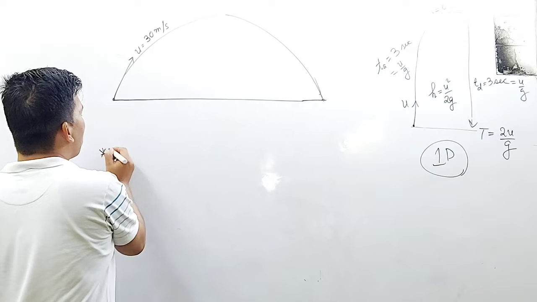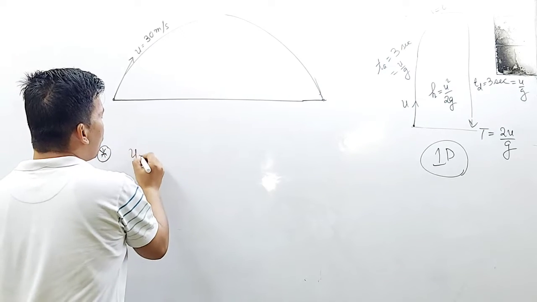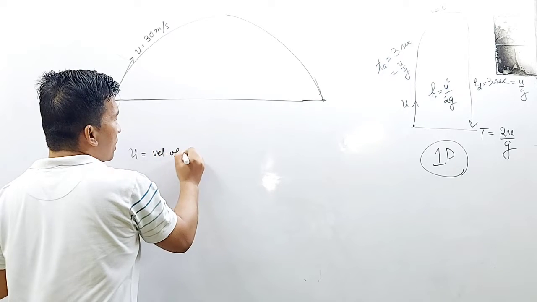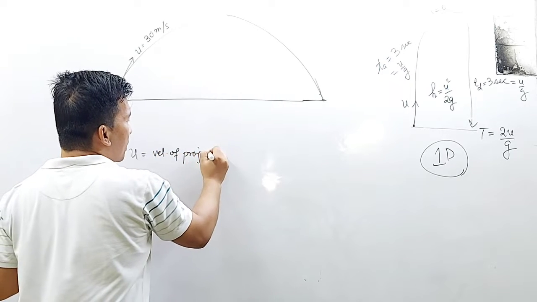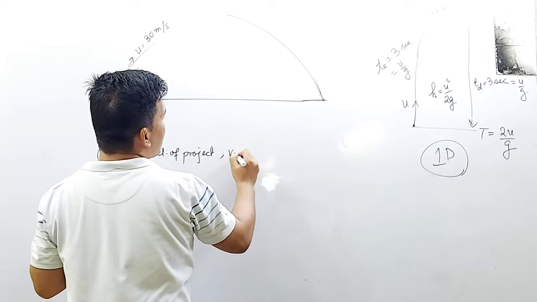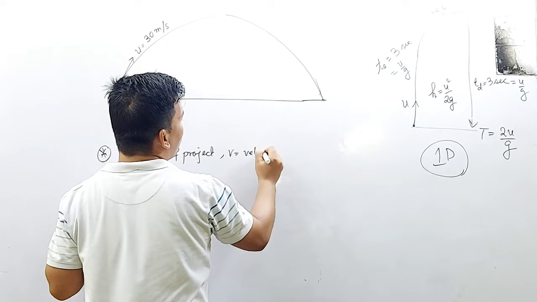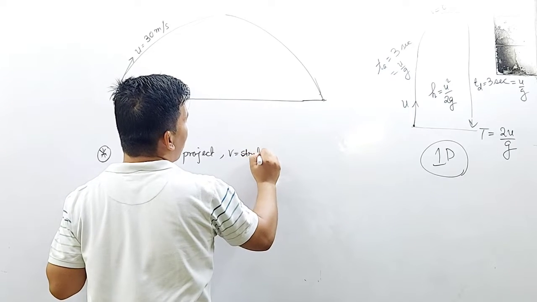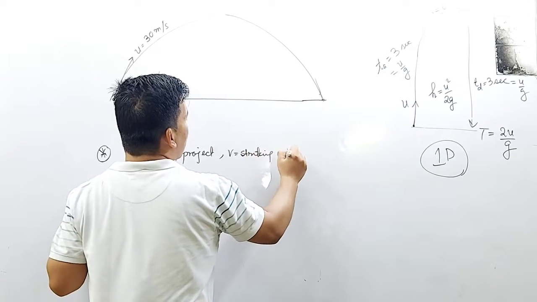Very simple. Point number 1: your u is the velocity of projection. v is the striking velocity.